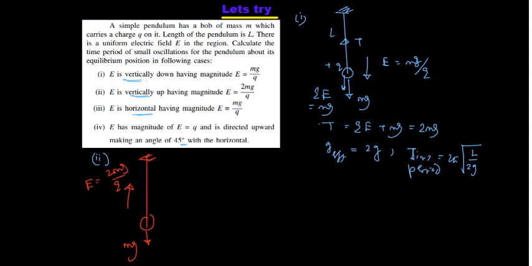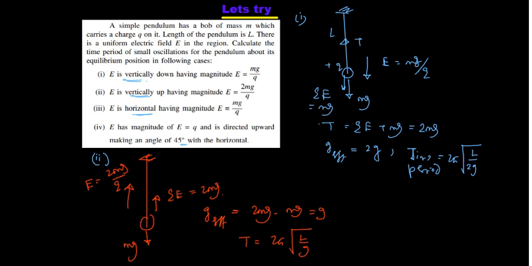So there will be an upward force acting which is equal to qE, that is equal to 2mg. In this particular case, we can comfortably write what g effective is now. g effective is equal to 2mg minus mg, which is equal to g. And if it is g, then the time period capital T will become 2 pi root under of L by g. So we have solved the first and second cases successfully.